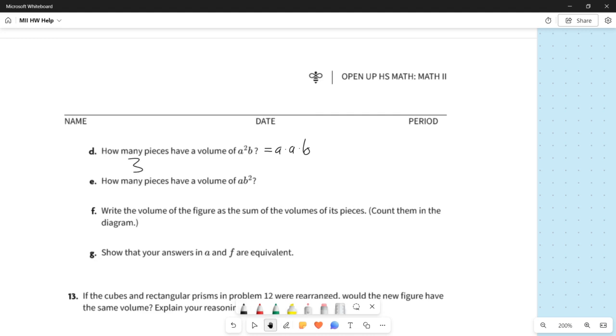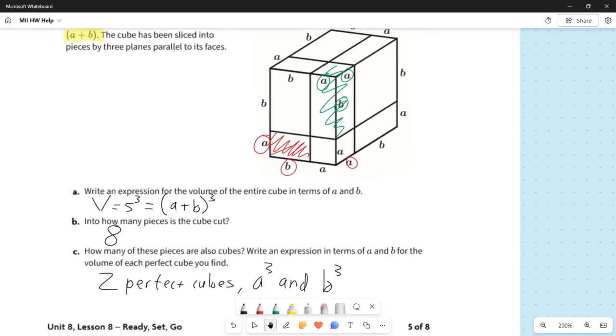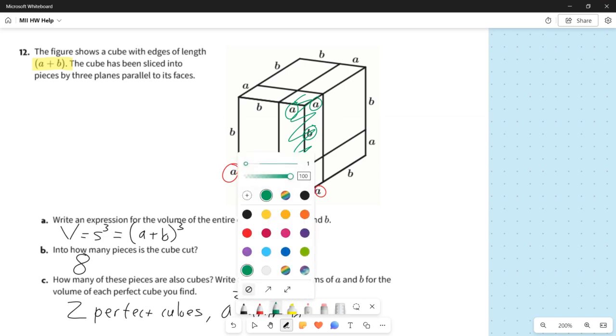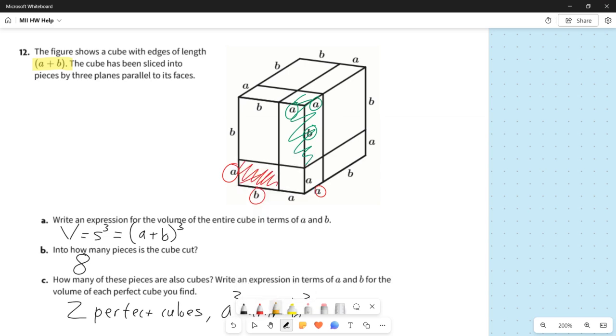Oh, no, wait, hold on. I'm getting ahead of myself here. Oh, right, we missed one. There is another block that is A by A by B. Right, of course. I knew the right answer, but I just skipped over one. So there is a third block right here.